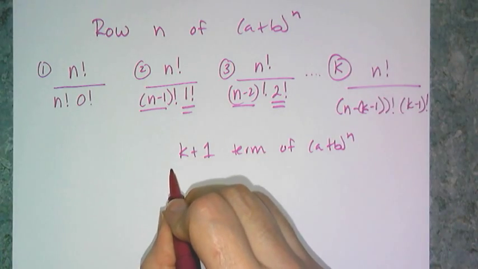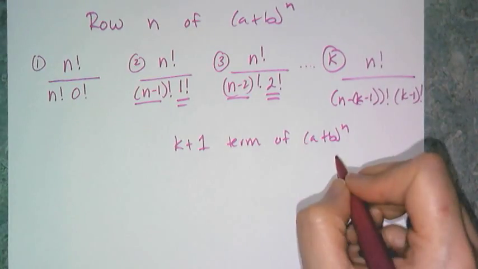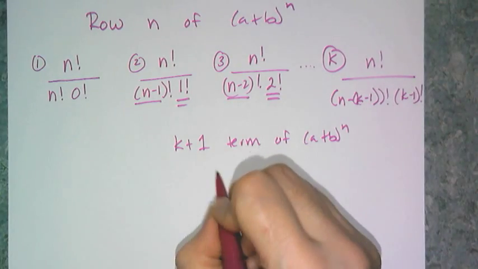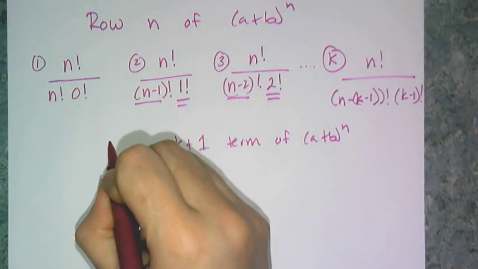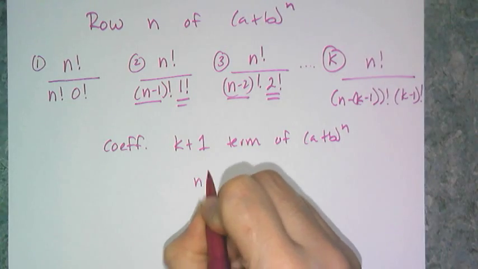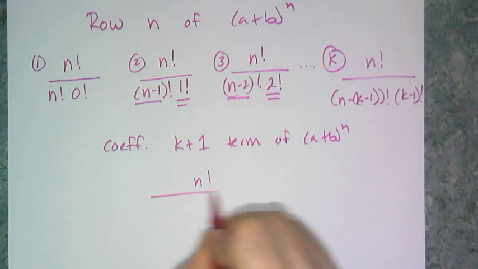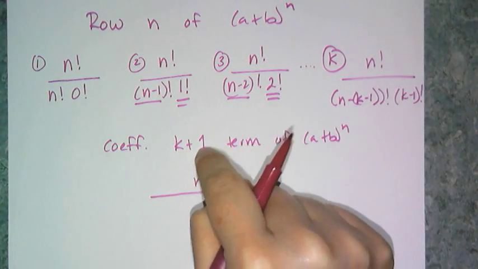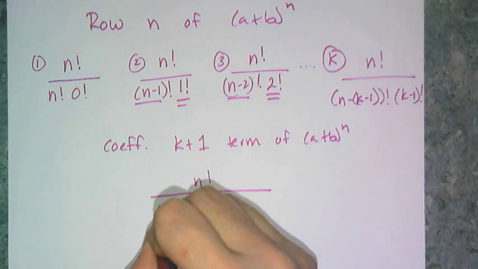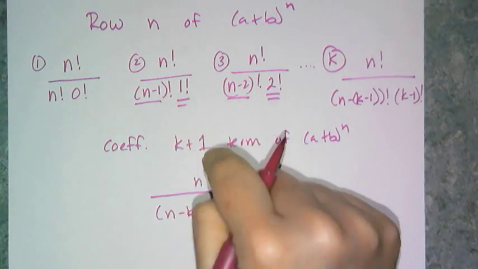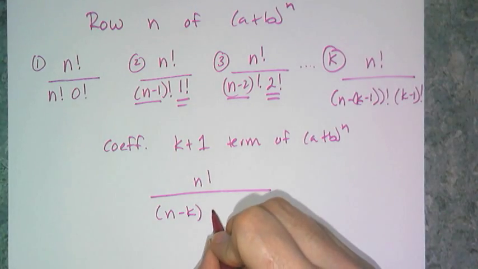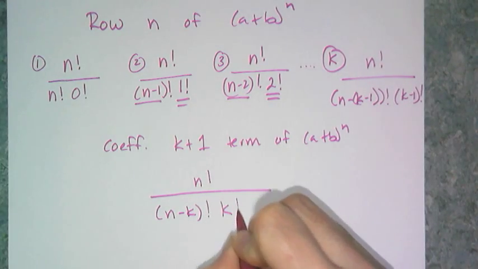So if I want to find the k plus 1th term of a plus b to the nth power, or the coefficient, I should say, then it's going to be n factorial on top. That's not different. But since I define it as the k plus 1 term, then I can just say n minus k because it's 1 fewer, right? And then have factorial and then k factorial.